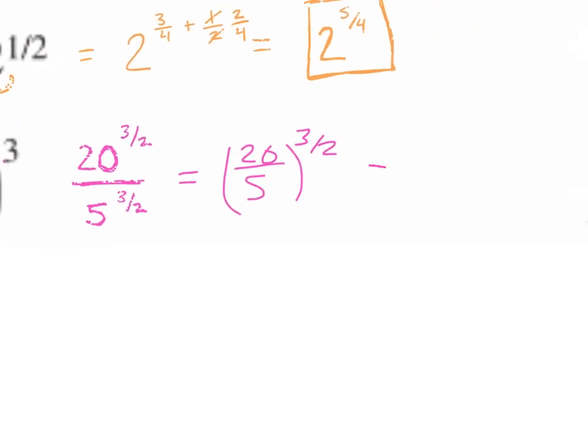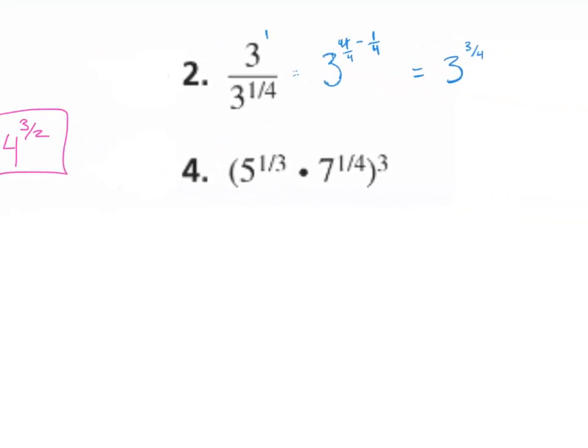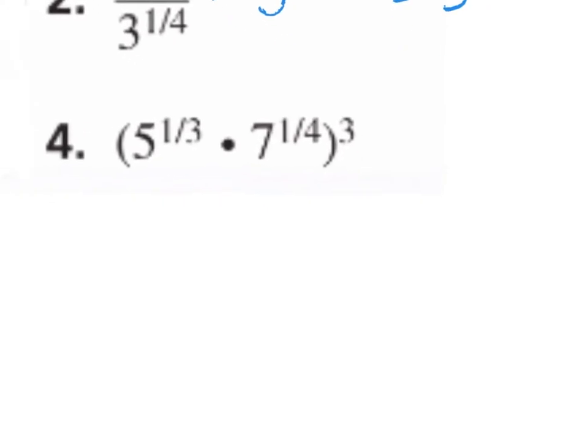Alright, let's look at 4. What should we do here? Can we combine the inside together? Nope, because they're different bases, so we cannot combine. Is there anything we can do? Distribute the 3. So what operation are we performing when we distribute the 3? Are we adding them together, multiplying, subtracting? Multiplying.